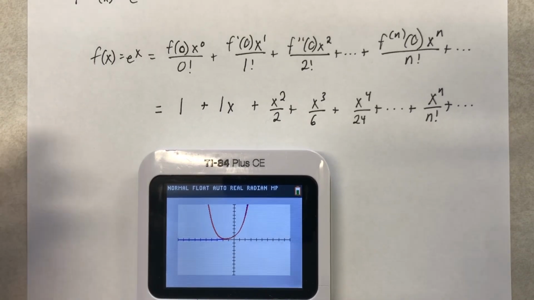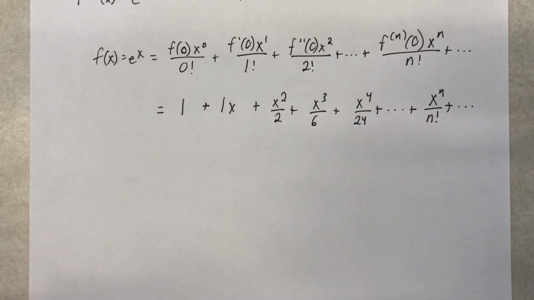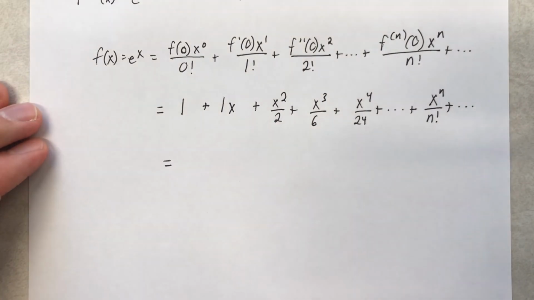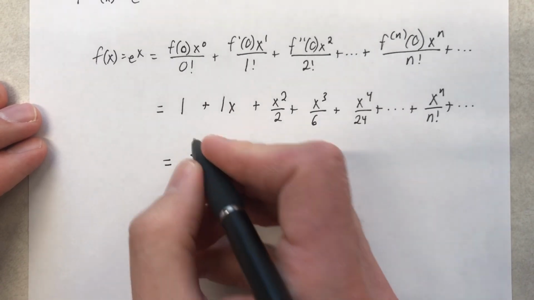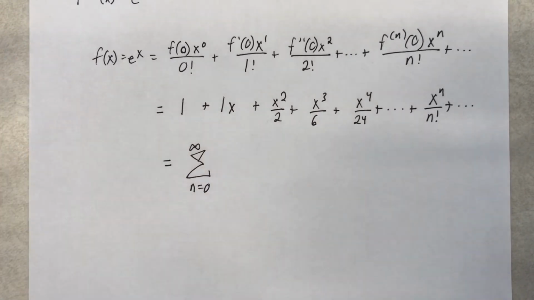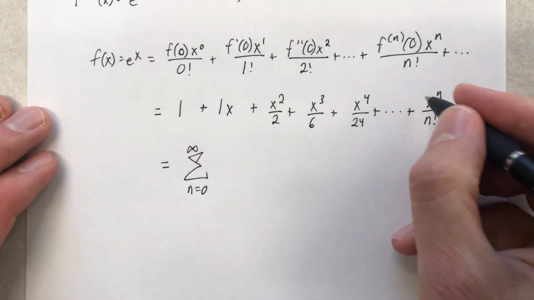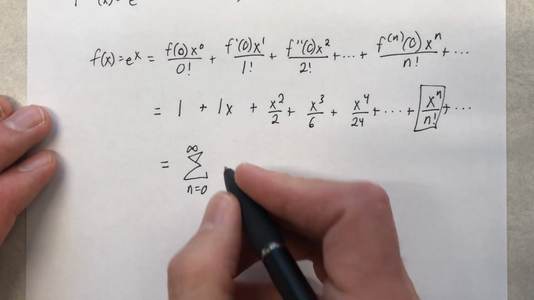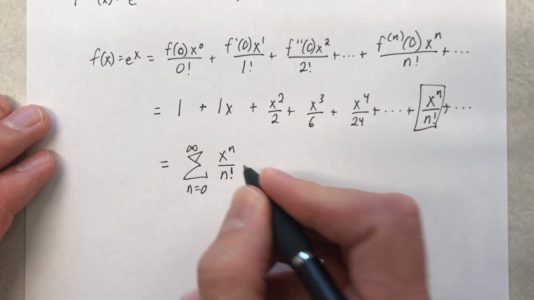This is going to get a little tricky here, but check this out. I'm going to write this as a sum. This is the sum from 0 to infinity of, now what's the pattern? That is the pattern. That is the explicit form right there. So x to the n over n factorial.